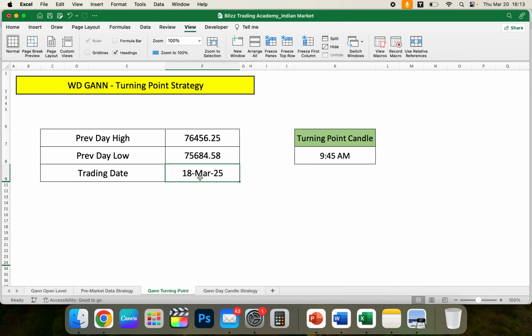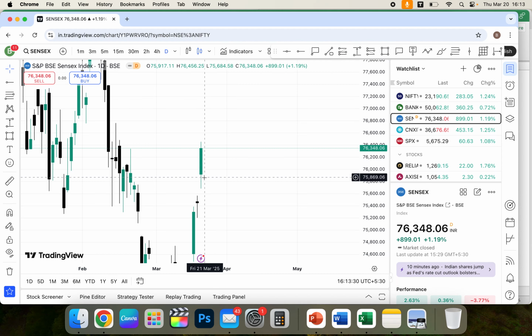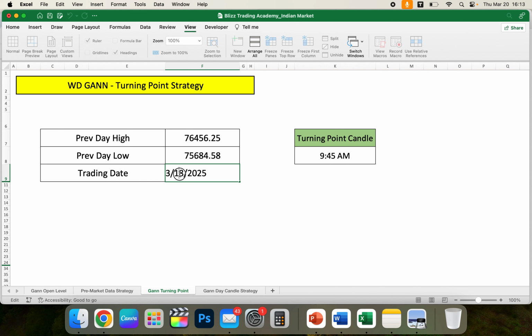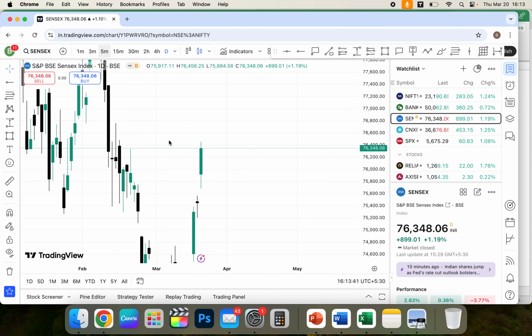So tomorrow's date will be 21st of March. So tomorrow the 10 a.m. candle will be the turning point candle for Sensex.